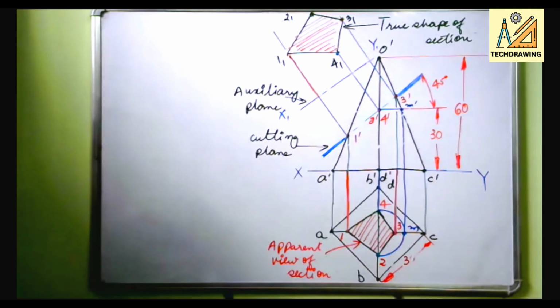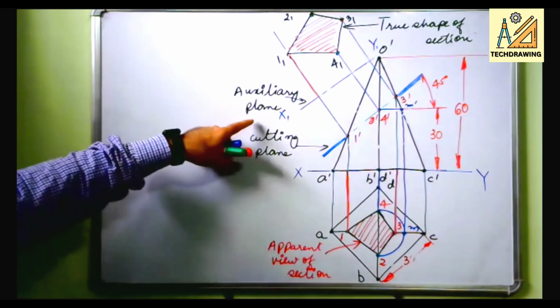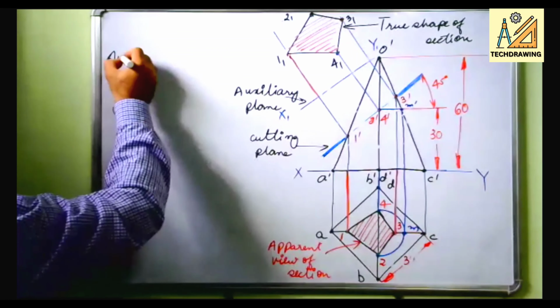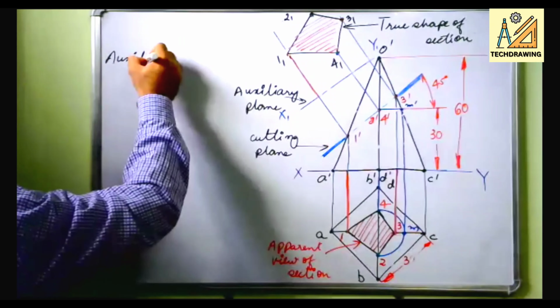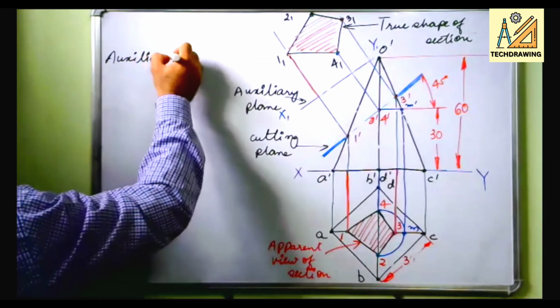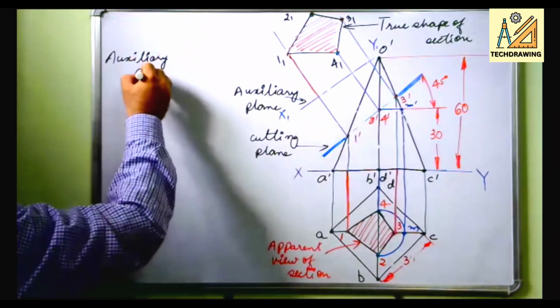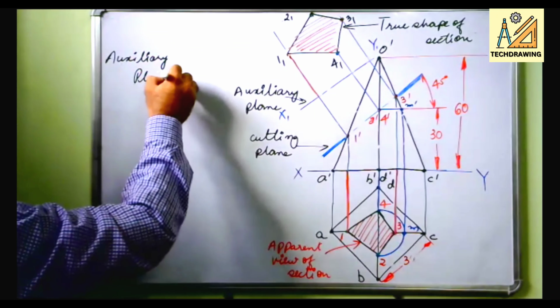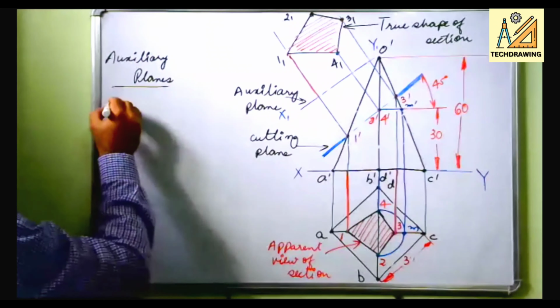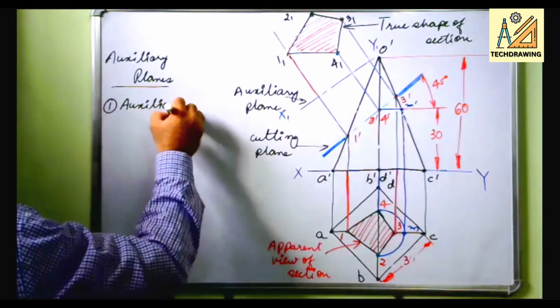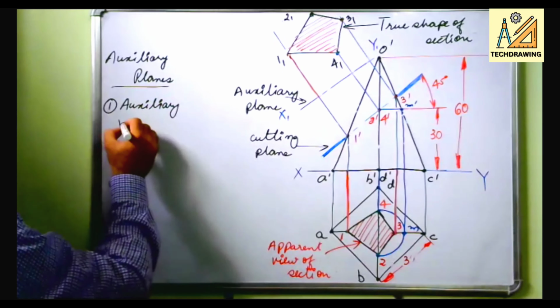Auxiliary planes, like the auxiliary planes in projections of points we had done. Auxiliary planes are of 3 types. First is the auxiliary vertical plane.